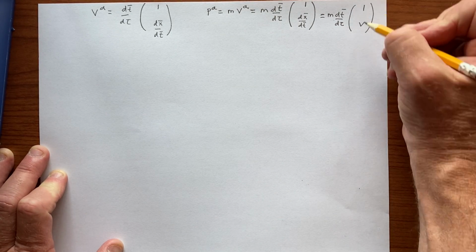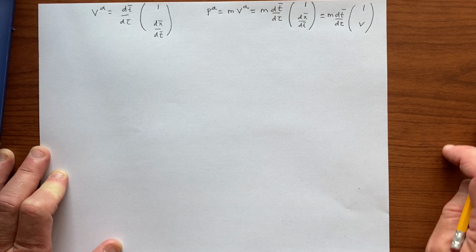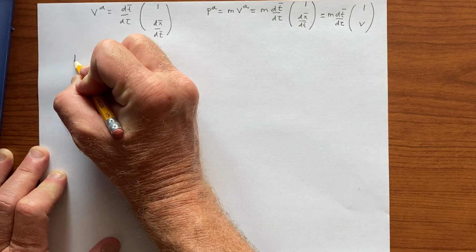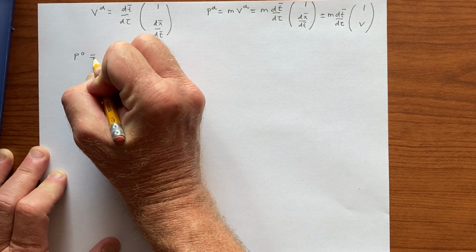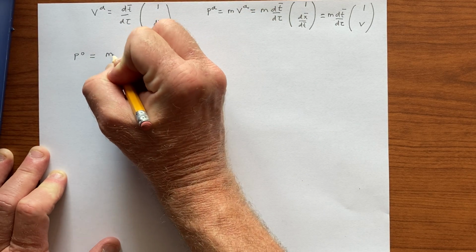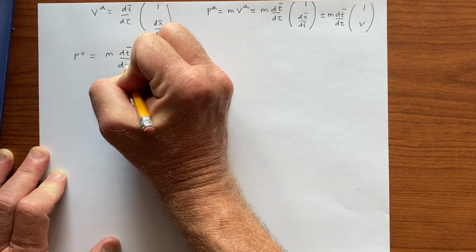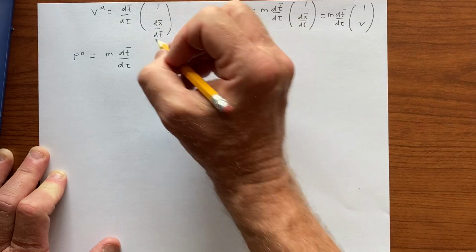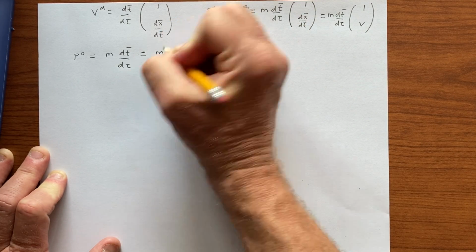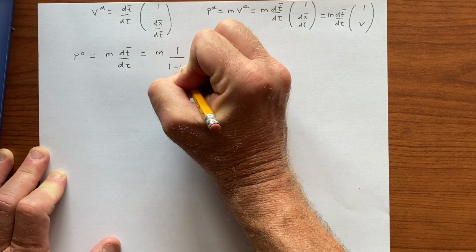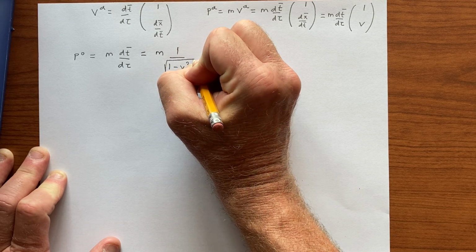Now we look at these 2 components. So this is a 2-vector with 2 components. The first component, the p0, is m dt bar by d tau, which is m times 1 over the square root of 1 minus v squared.